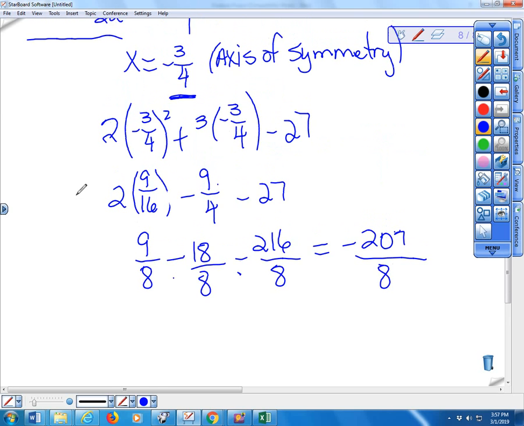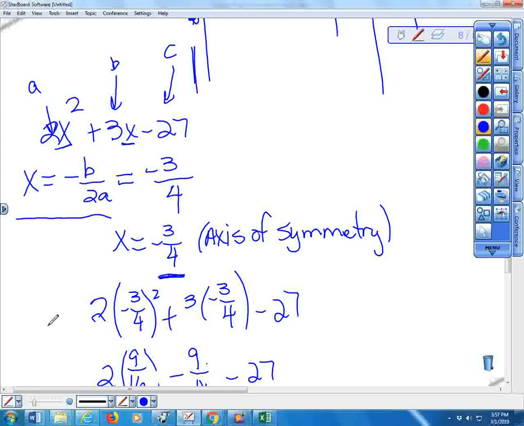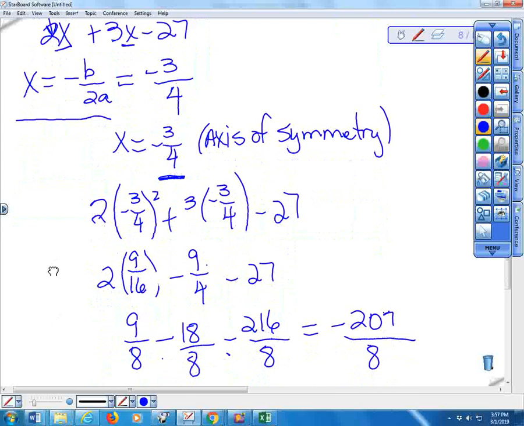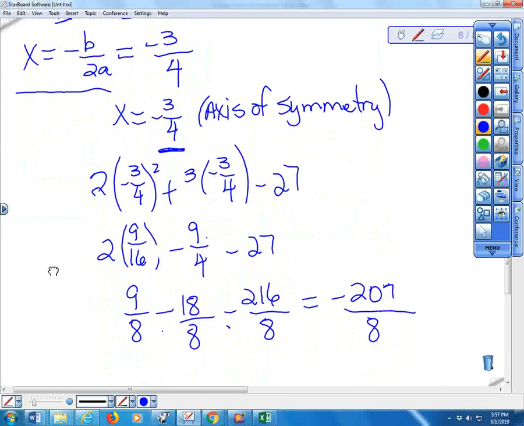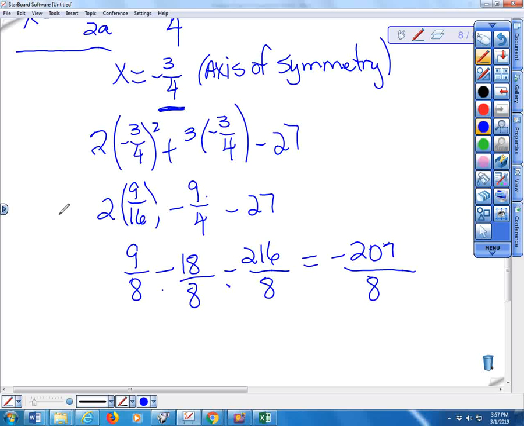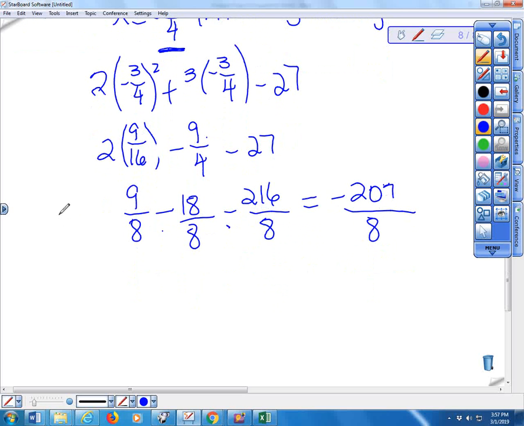I'm trying to make sure that I've written my problem down right. 2 times x squared plus 3 times x is minus 9/4 minus 27, negative 207/8. Okay. And I ended up getting 225.